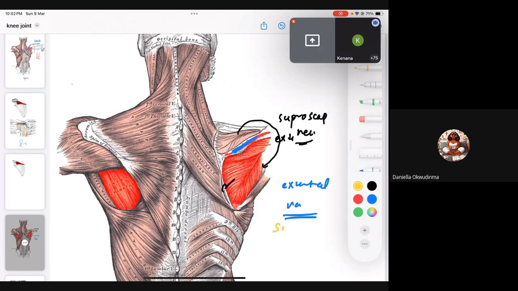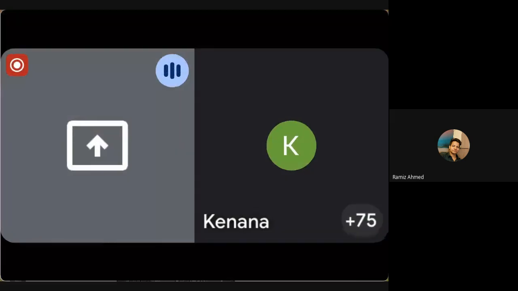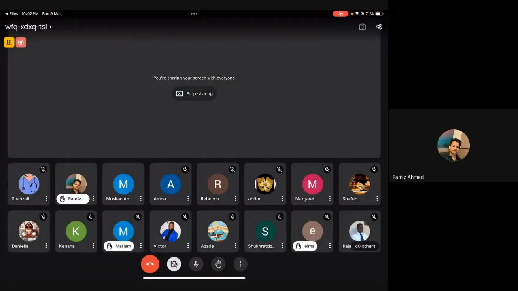Suprascapular nerve, right? Do we have any isolated test to look for its activity if it's compromised? No, we don't have any specific test for it in isolation.